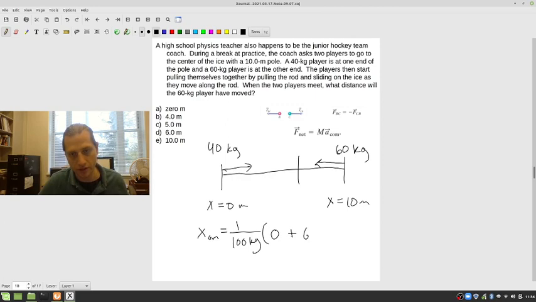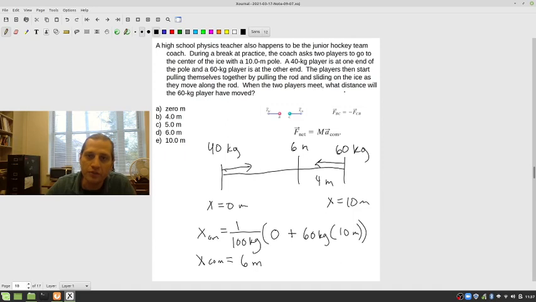So that's going to be 60 kilograms times 10 meters. Okay, so our x center of mass is going to be at 600 divided by 100, which is 6 meters. So that's 6 meters away from the 40 kilogram. This distance then is 4 meters.